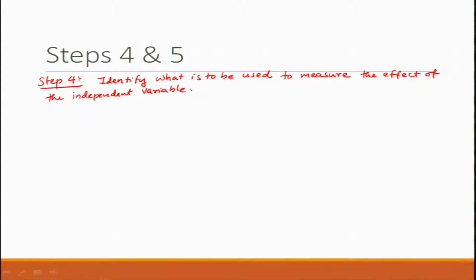Here you have to decide what phenomenon you are going to use to measure the effect of the independent variable. This thing that is used to measure the effect is called the dependent variable.